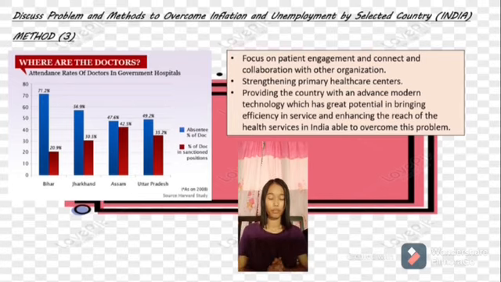Doing so, with improving quality of health in India, they tend to be more connected to their patients and able to understand their needs and health journey better.